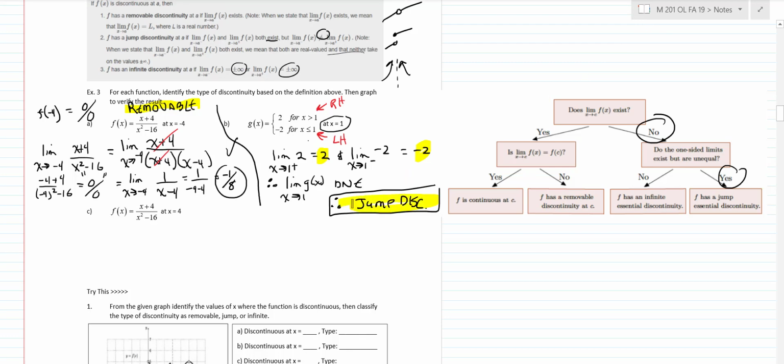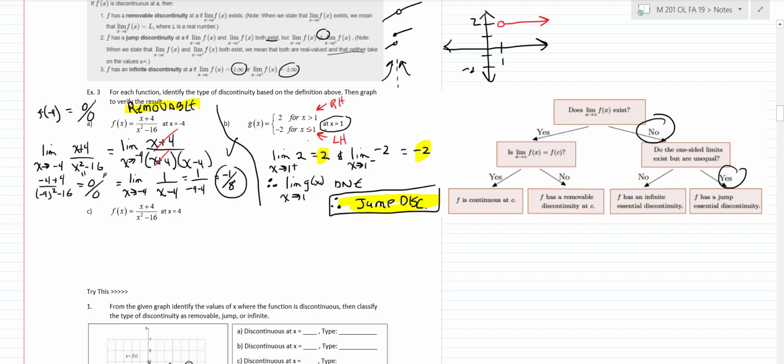Now, if you were to consider the graph on this, you don't want to waste your time doing this on the graphing calculator. What would happen on this problem is we're interested at x equals 1, and we have 2 and -2. When x is greater than 1, the function is 2.